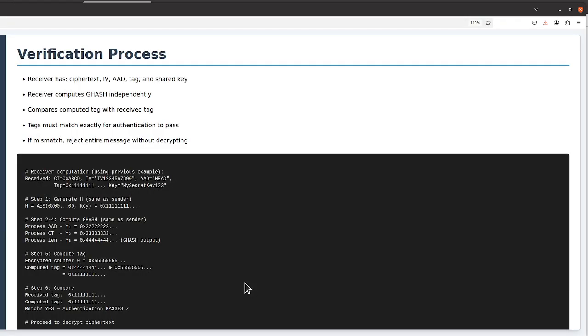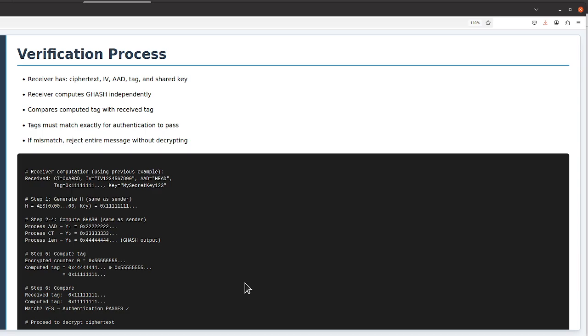Verification process. Now let's see how the receiver verifies the authentication tag. The receiver has the ciphertext, the IV, the AAD, the tag, and the shared secret key. The receiver computes GHASH independently and checks if their computed tag matches the received tag.